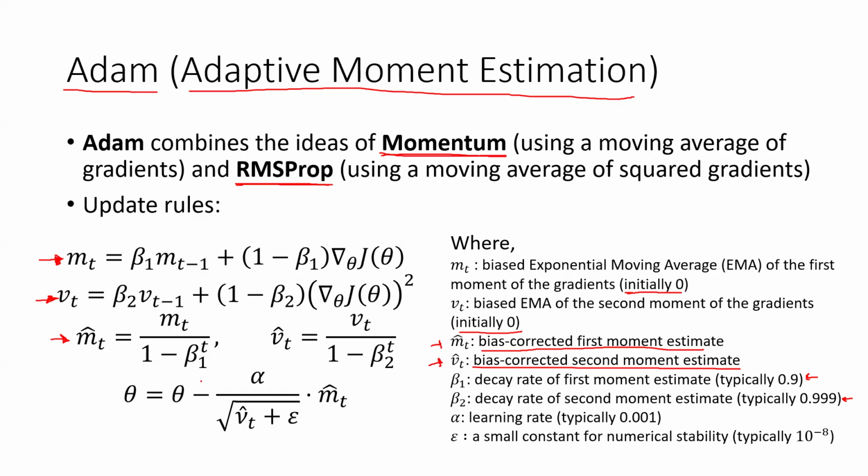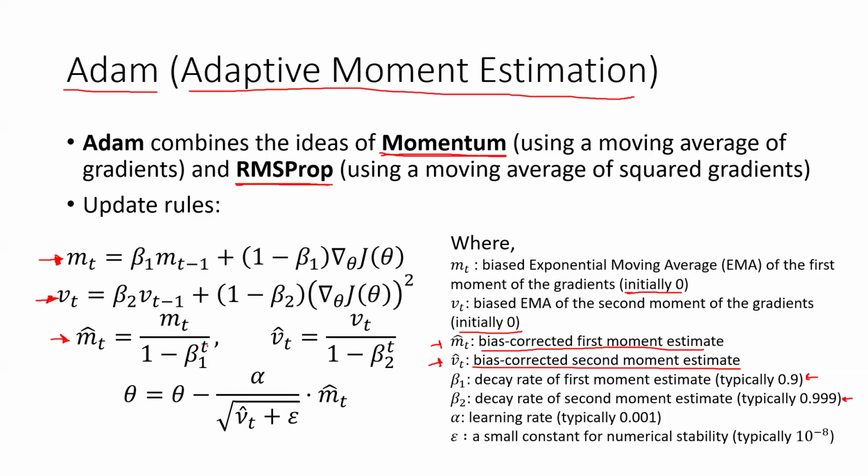When you have a very small value for t, that means we will have a much smaller value, so that mt would be... okay, let's think about that. When t is very small, right?